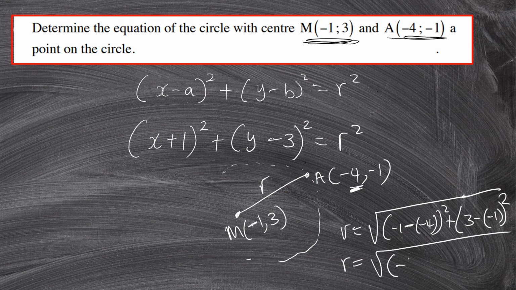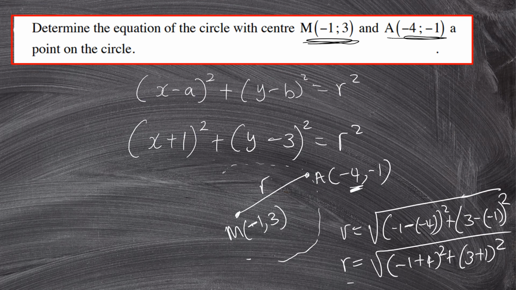So it's going to be (-1 plus 4) squared plus (3 plus 1) squared. You can just simply use your calculator. So it's 3 squared, which is 9, because -1 plus 4 is 3. And 3 plus 1 is 4. 4 squared is 16. Then 9 plus 16 is going to give us 25.